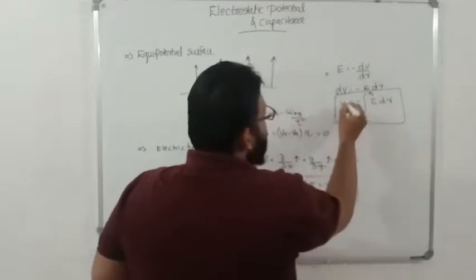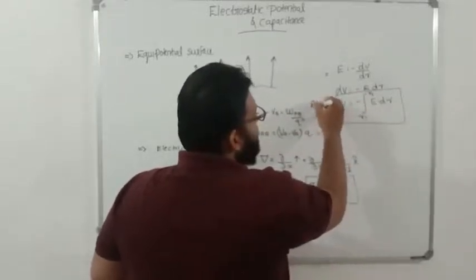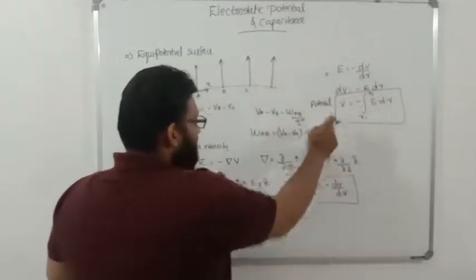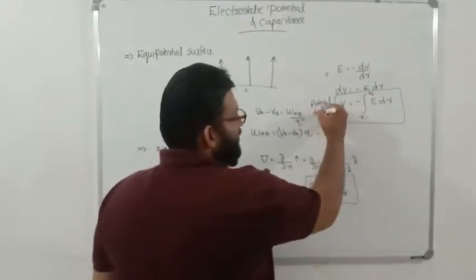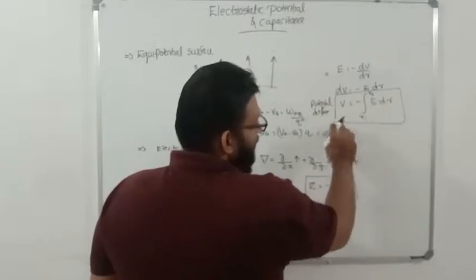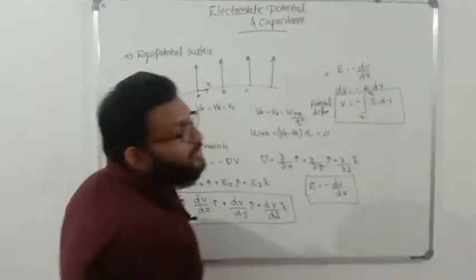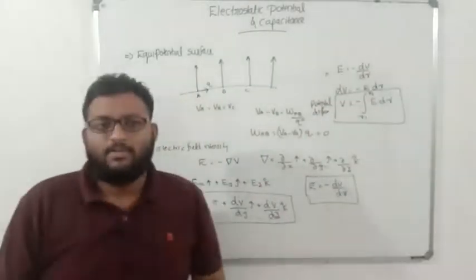Guys, please note down these equations. This is the potential difference between points at distance r1 to r2 from the source charge.